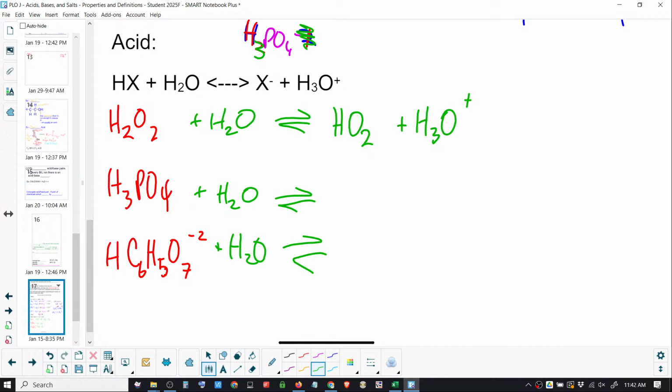Total charge on that side? So what the total charge on this side also needs to be nothing, so where's your missing charge? Minus there. So remember, if you're giving up a hydrogen, that charge has to go down by 1.